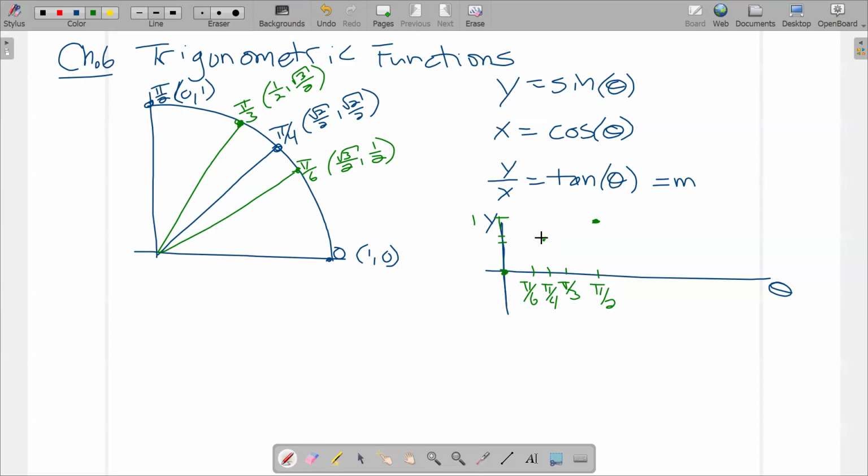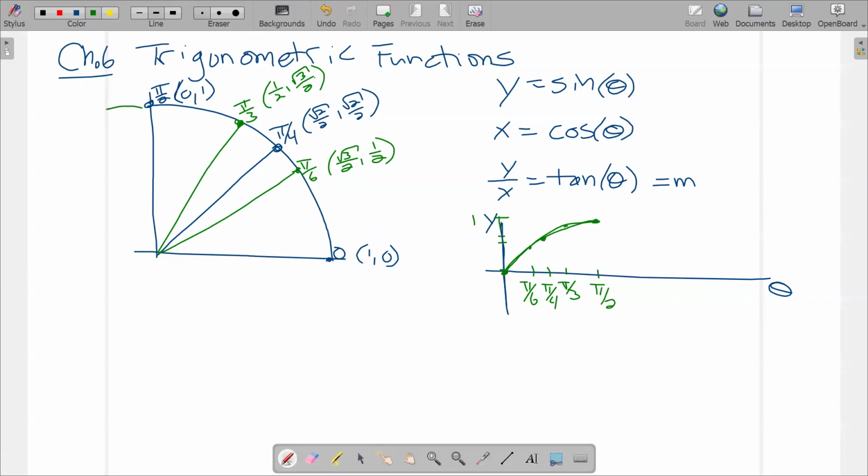And at pi over 6, it's 1/2. So that's going to be around here. And at pi over 3, the y value is square root of 3 over 2, which is almost 0.9. So that's going to be up a bit higher, like right there. And so we have this arc toward that maximum there.